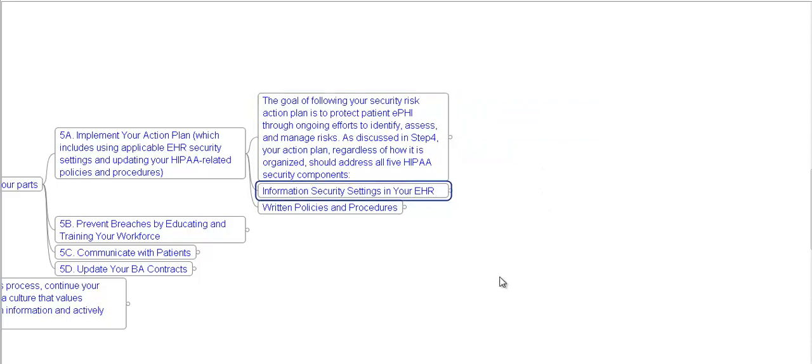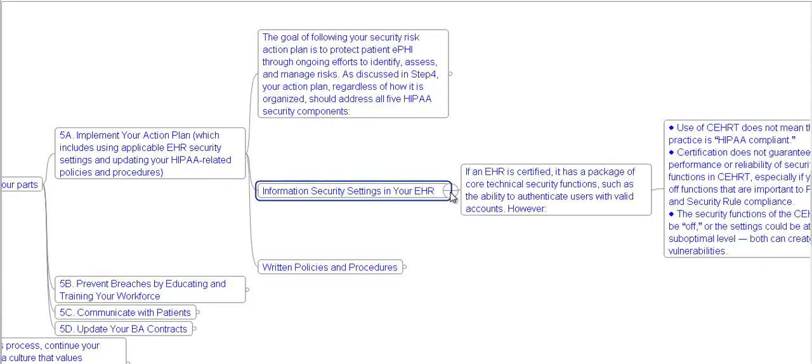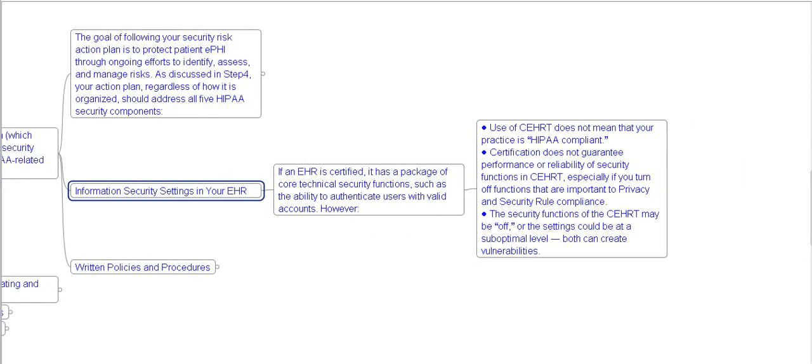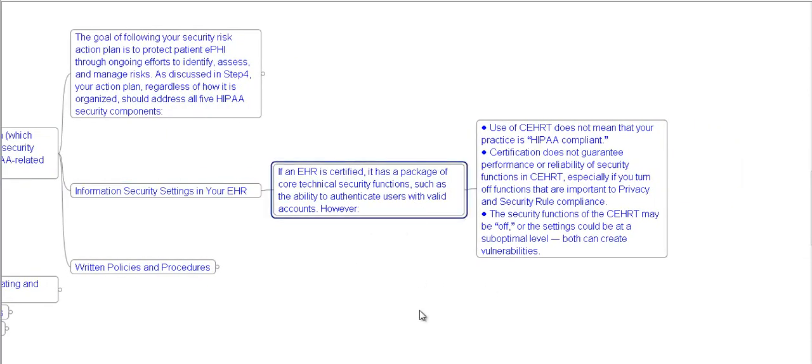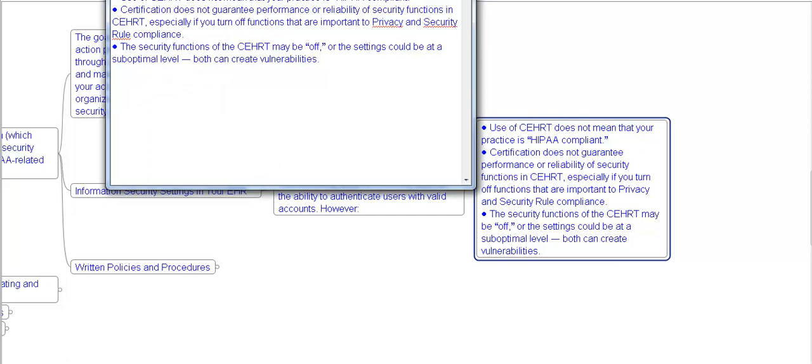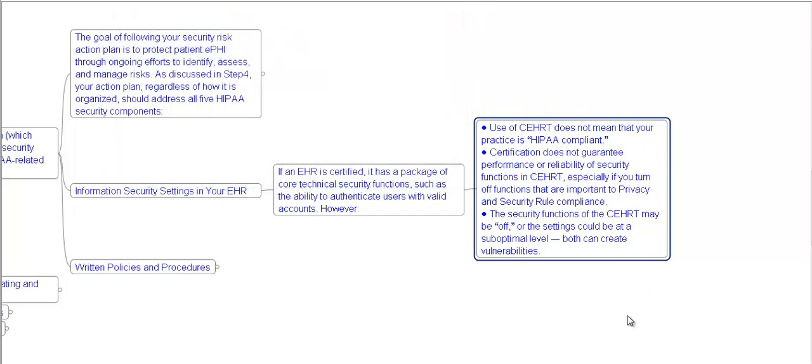Information security settings in your EHR. Okay. If an EHR is certified, it has a package of core technical security functions such as the ability to authenticate users with valid accounts. However, use of certified electronic health record technology doesn't mean that your practice is HIPAA compliant.